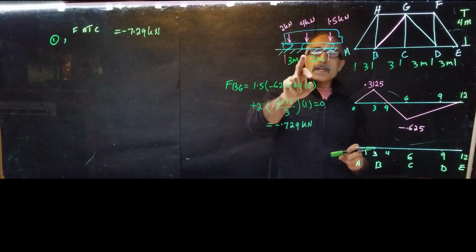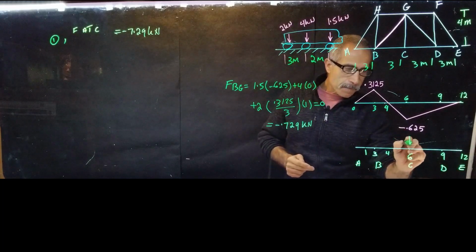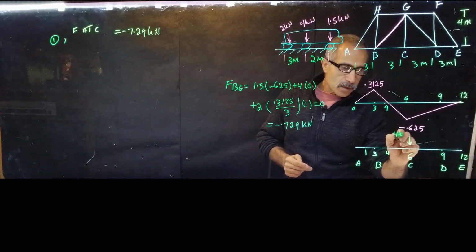Now the second wheel is 4 kilonewton. It's going to be at point C. We got 4 kilonewton here.